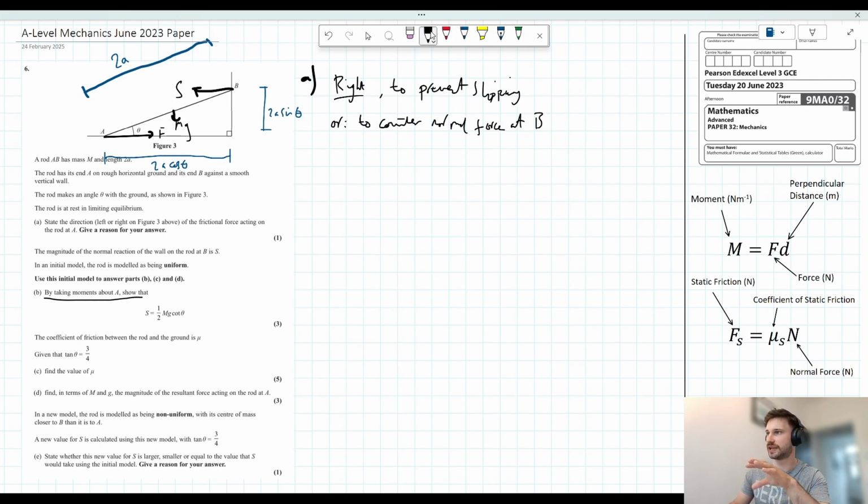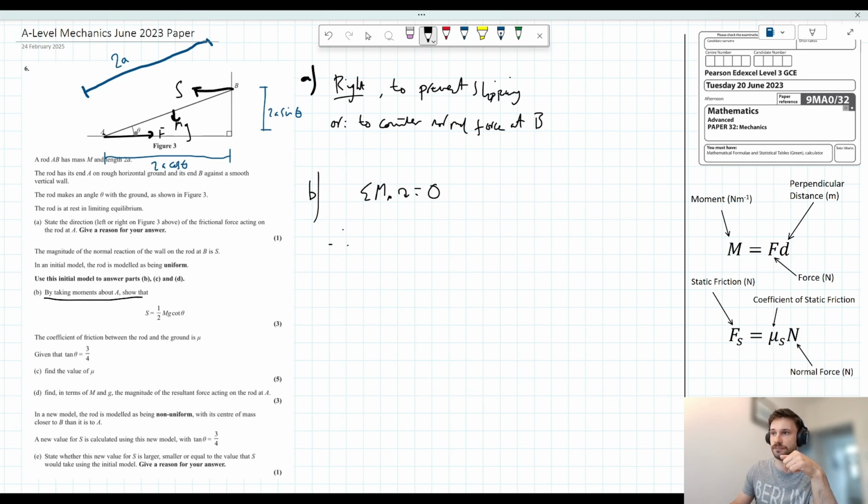Let's go ahead and take some moments about point A here. The sum of moments at A, acting clockwise or anti-clockwise, doesn't matter, is equal to 0. That's basically saying the moments acting clockwise are equal, or at least their magnitudes are equal, to the sum of the moments acting anti-clockwise. Let's take the moments acting clockwise first.